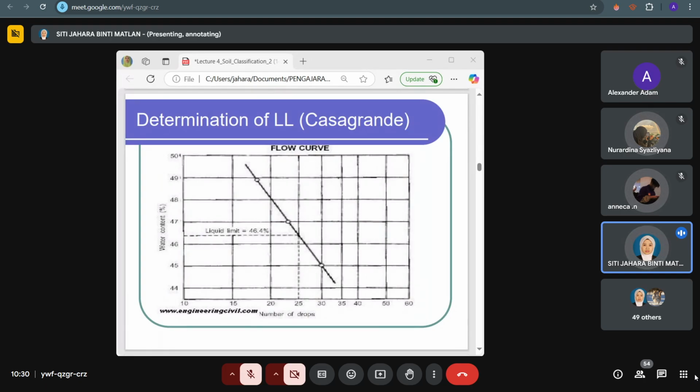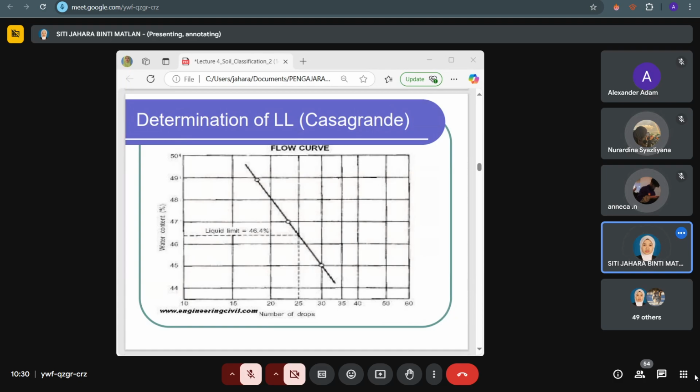Okay, so the best fit straight line is drawn through the plotted points. So we have 3 points here. We draw the best fit straight line through these plotted points. Then the liquid limit is obtained from this line as the water content that corresponds to 25 blows.